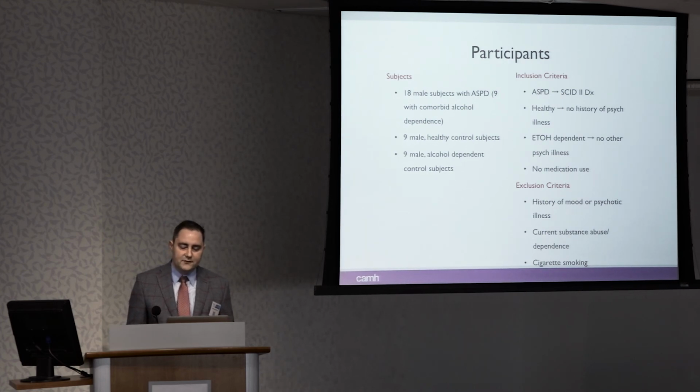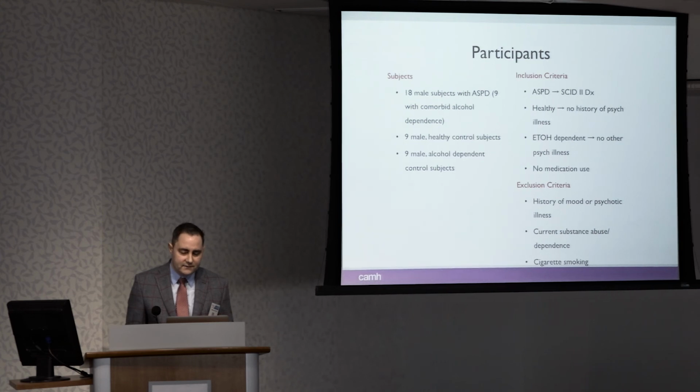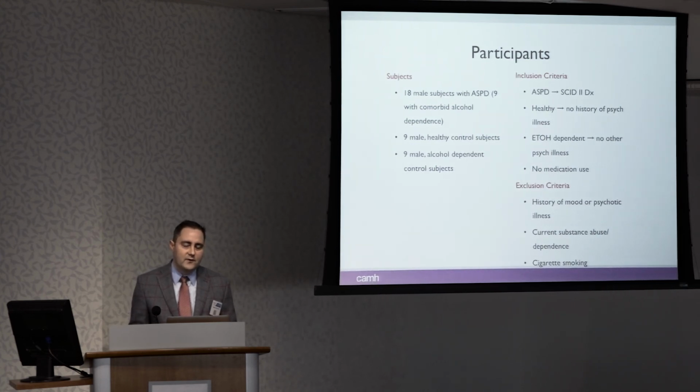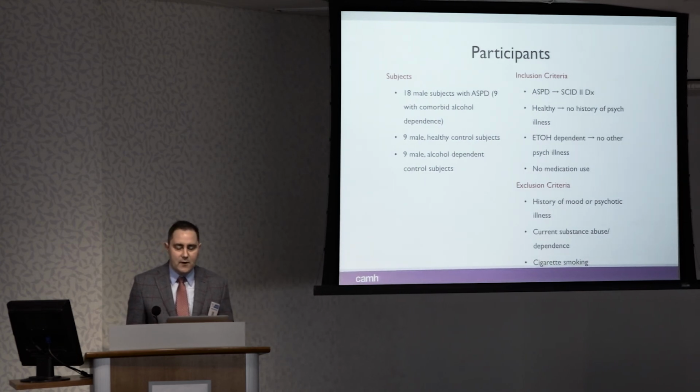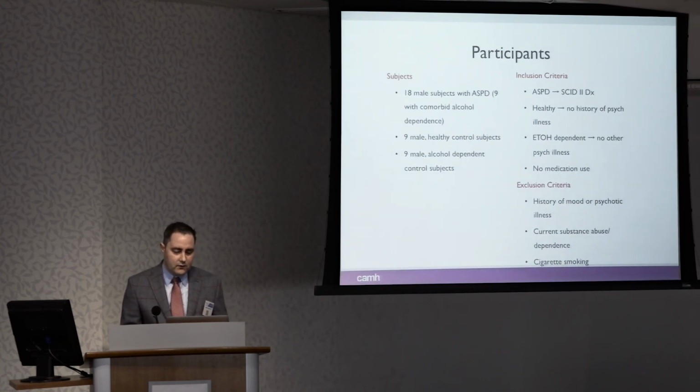Exclusion criteria were a history of a mood or psychotic disorder, current substance dependence, and cigarette smoking. The reason we have to exclude cigarette smoking is that it actually inhibits the MAO enzyme, so it's important to exclude smokers.